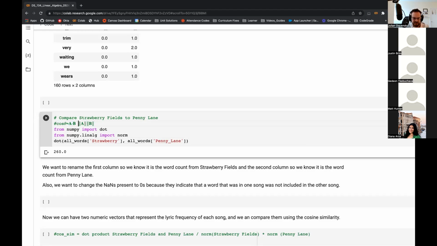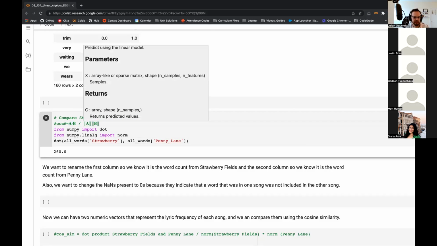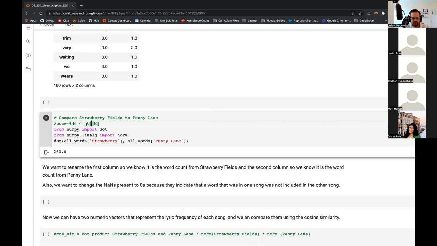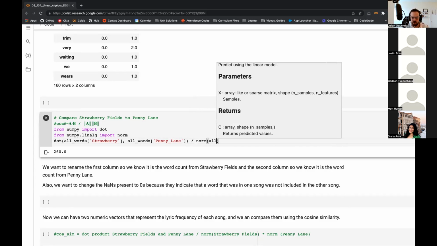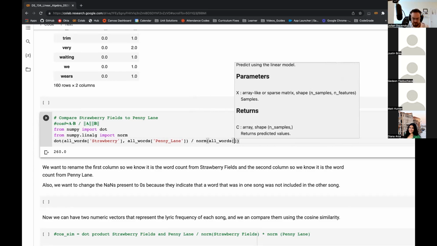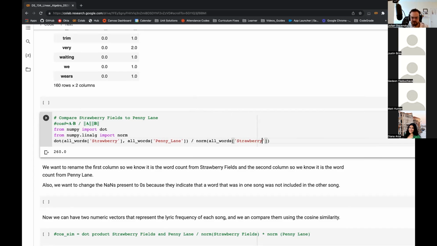Note we are dividing then by the norm of these two sizes. So that's going to be my numerator, and my denominator will be the norm of all words Strawberry Fields times the norm of all words Penny Lane.